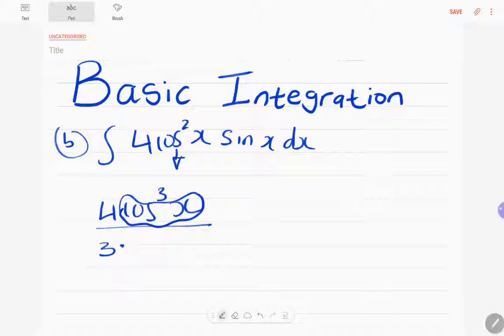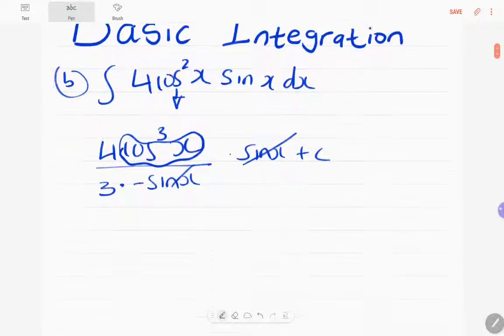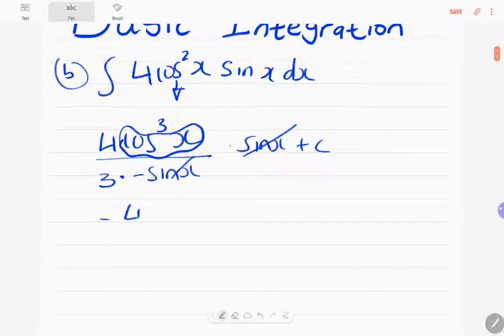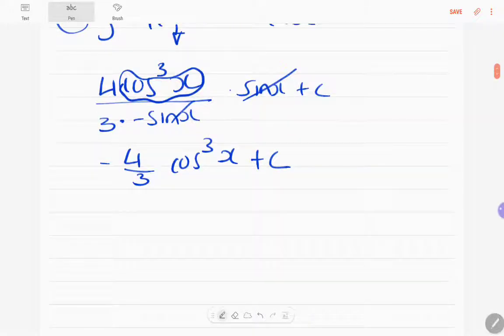What is the derivative of cos? The derivative of cos is minus sine, so we'll have minus sine x. We copy this sine x plus c. This and this cancel. We'll be left with minus 4 over 3 cos 3x plus c. So this is how we do it.